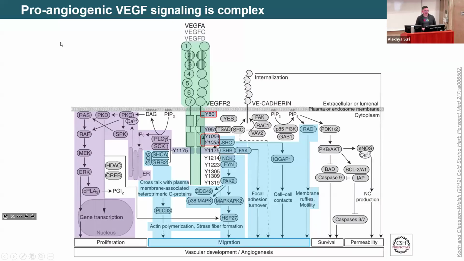Now, 1175, by the activation of phospholipase C gamma, triggers IP3, increases in calcium, and the activation of the RAS pathway, which ultimately leads to changes in gene transcription, gene expression, and that changes the phenotype of the cell towards a proliferative state, right?